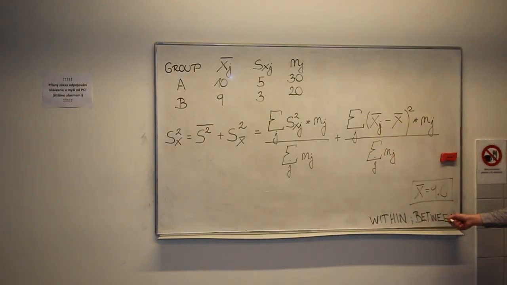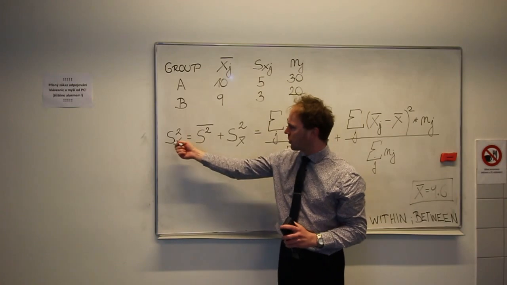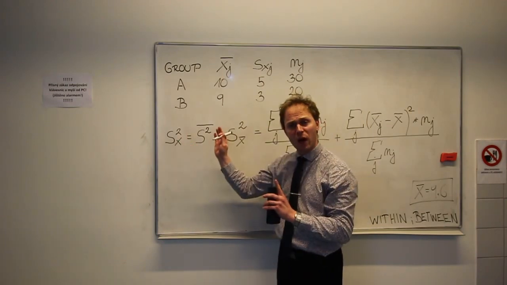This second part is between-group variability. Within-group and between-group together is the total variability.